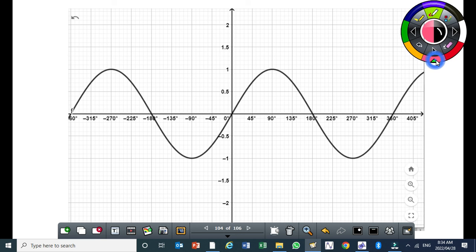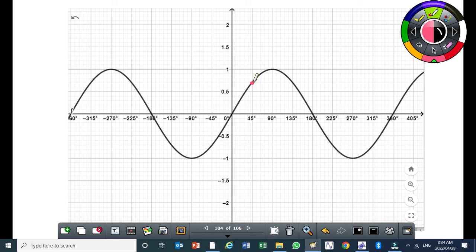So if I want to find the values of theta, I have to go to my graph, then locate where 0.7 is. So this is 0.5, that is 0.6, 0.7, 0.8, 0.9. So 0.7 will be there, right?